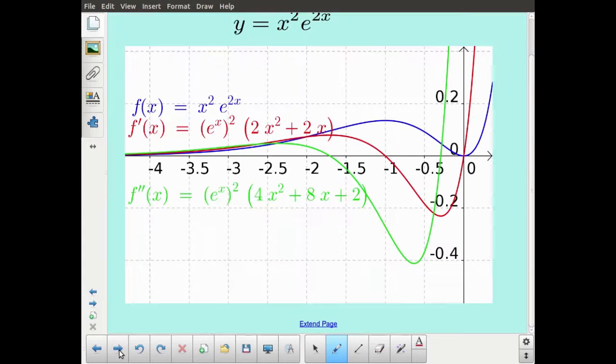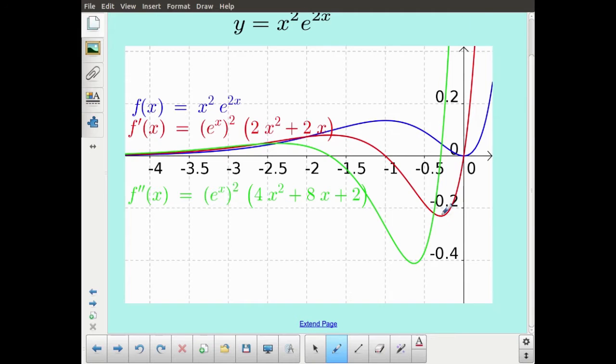I've also included a computer-generated version of this, much nicer than the one I did, but you can still see here's our minimum, our absolute minimum at 0, 0. Here is our local maximum at -1. Here is that point of inflection where it switches, and over here we've got a point of inflection where it switches. I'm sorry if this appears a little bit cluttered, I've included the first and second derivative graphs on here as well.